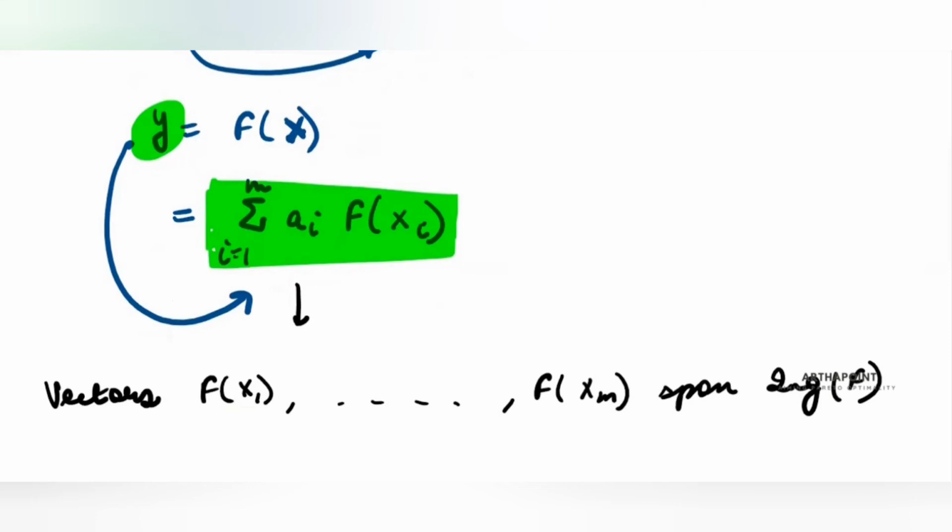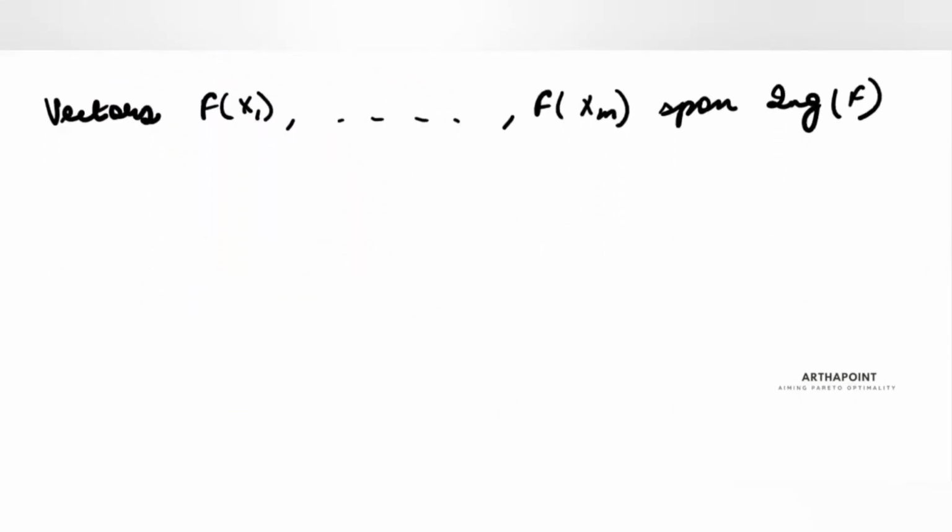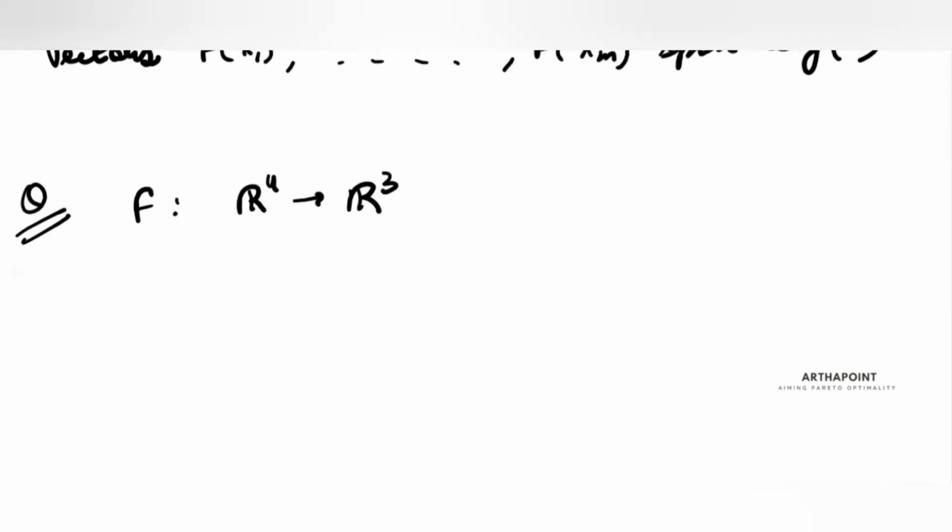So write down. You're given a function which goes from R4 to R3, and the function is defined like this.